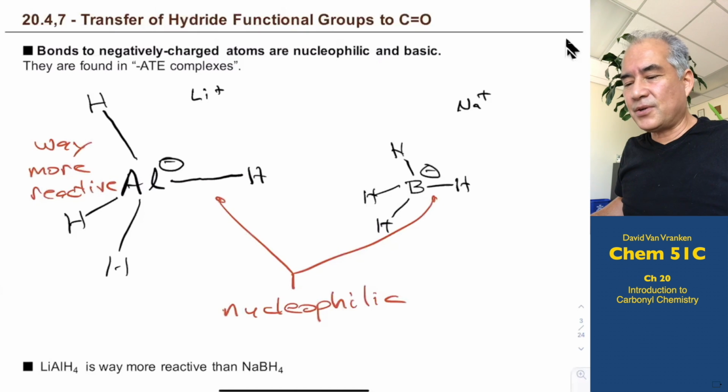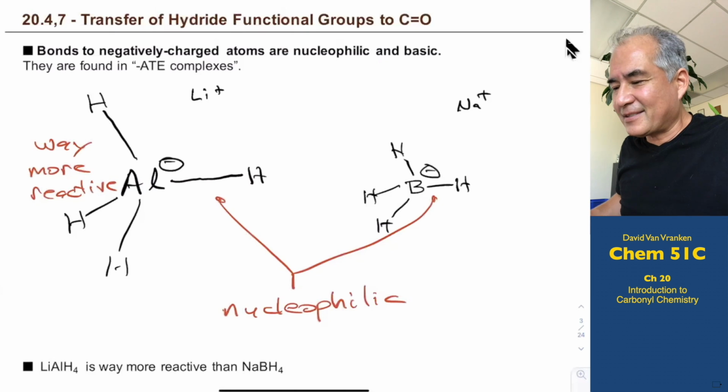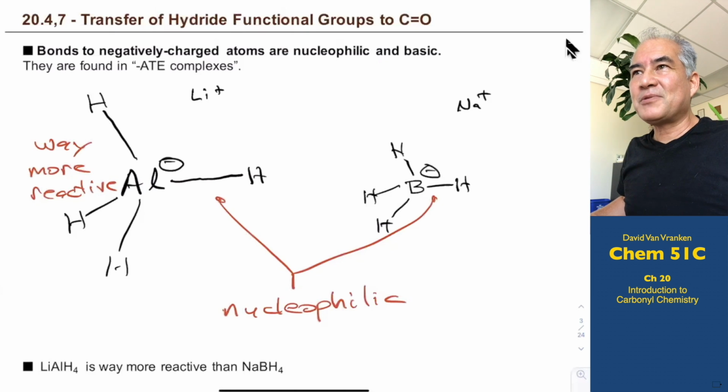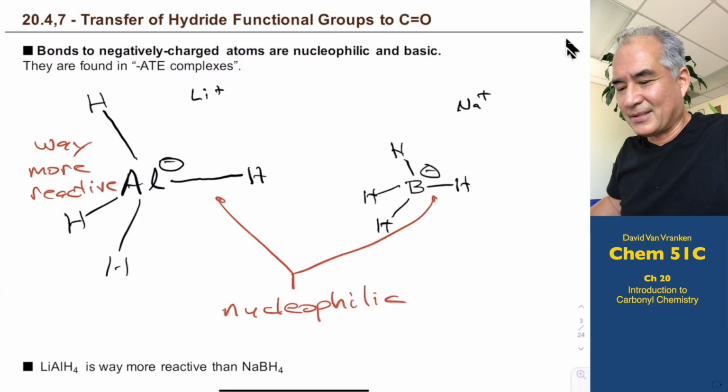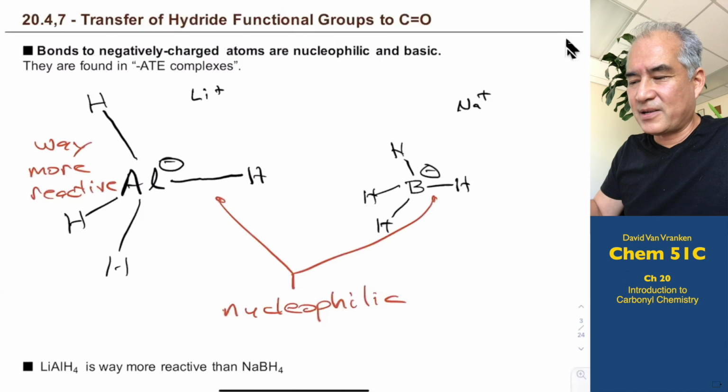I promise you I'm going to have some version of this on my final exam. I don't know what problem I'll make up. If you go to any exam in any organic chemistry course, the final exam at the end of the year is going to have these reagents somewhere in the exam. You just have to know how to use these in every single circumstance. And there's lots of ways to use these reagents.